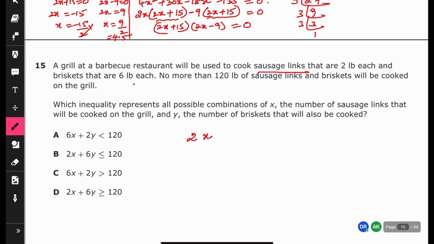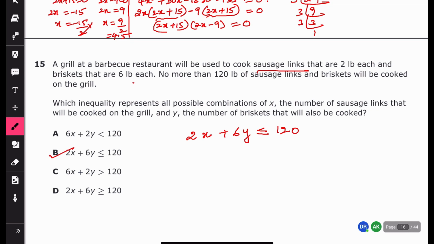So 2 pounds of sausage links plus 6 pounds of briskets should be no more than 120, which means it's less than or equal to 120. So this is the value which we get here. No more than 120 means it cannot cross 120, but it includes 120. In the first option it's not including, in the second one only it's including. Therefore the right option is B.